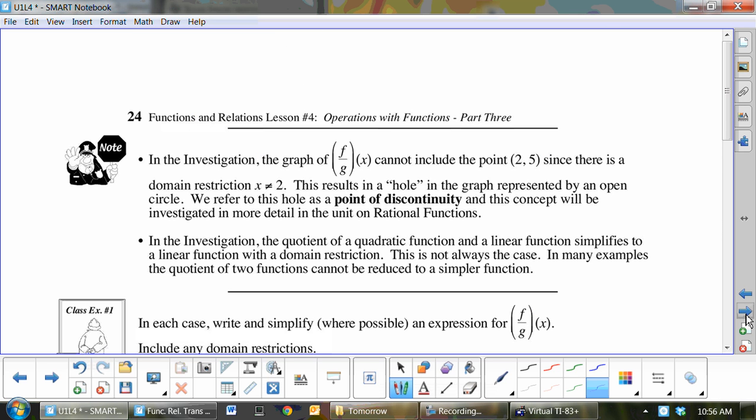Okay? That point, that open circle, or hole, is called the point of discontinuity. So basically, hole equals this.